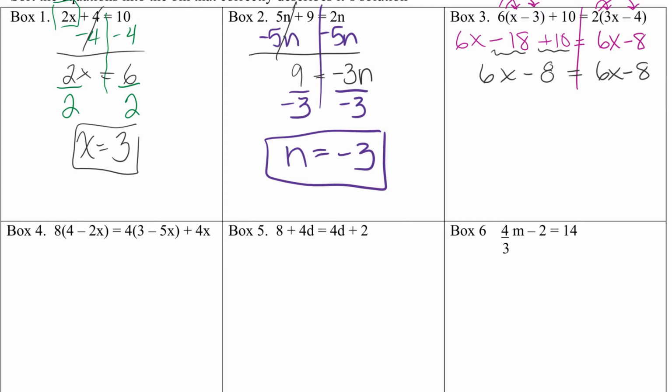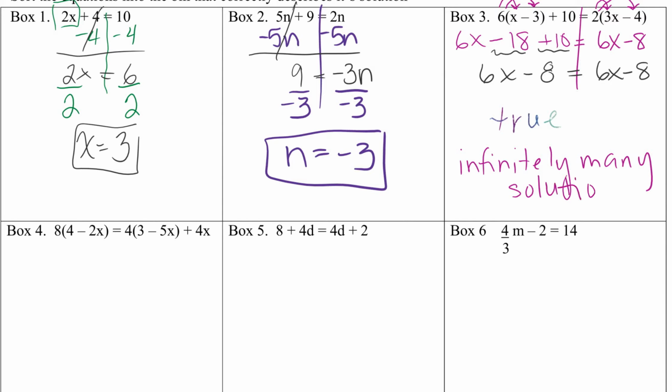This is a true statement. That means that the solution to this is infinitely many solutions. Every number that you decide to put in place of x will make the statement true.